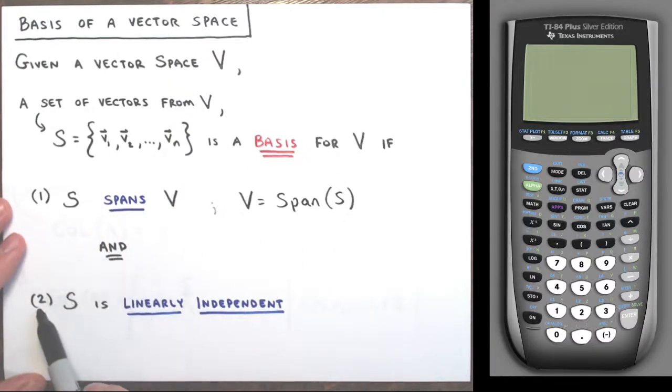And two, S is a set of linearly independent vectors.